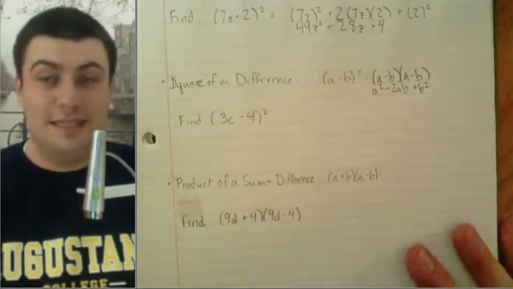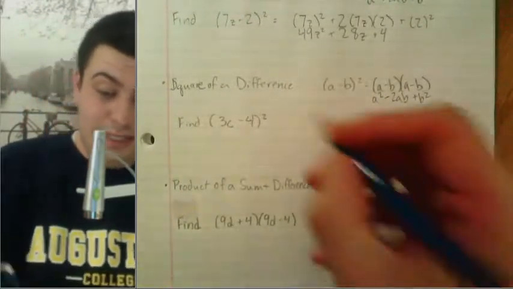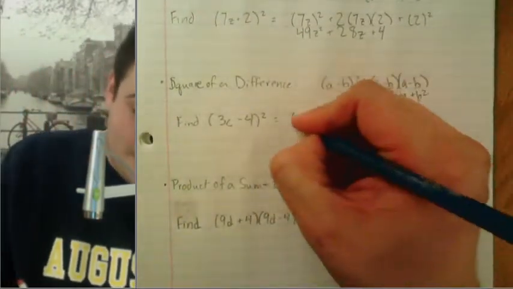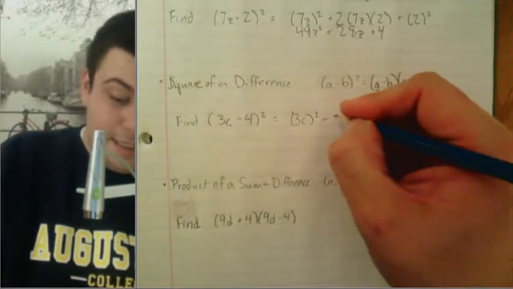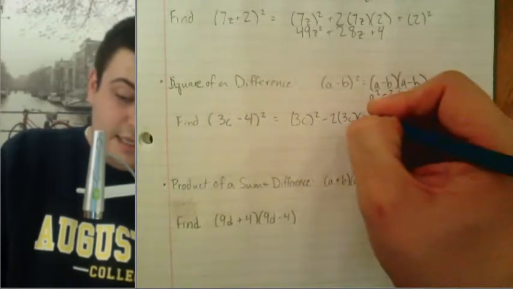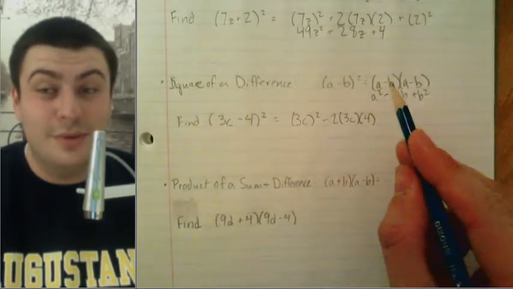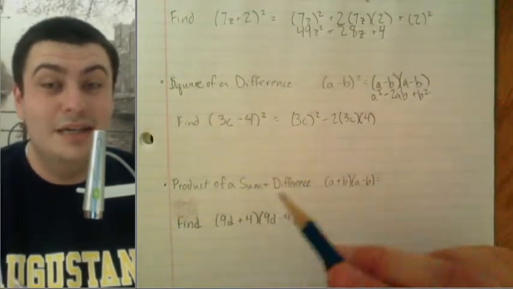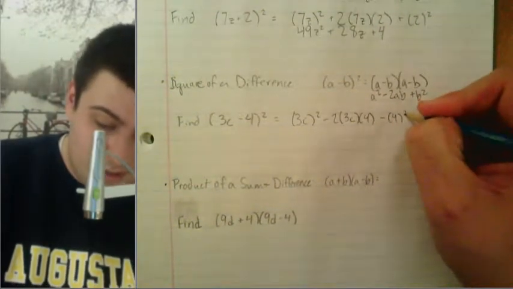So if we have (3c minus 4), the group squared, we can say that we have the group 3c squared minus 2 times 3c times 4. Keep in mind we kept 4 positive here because we know we're working with the difference. We have a minus b, so in this case b is 4, minus 4 squared.